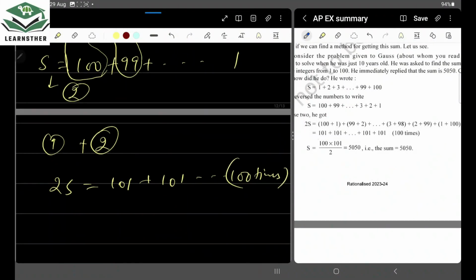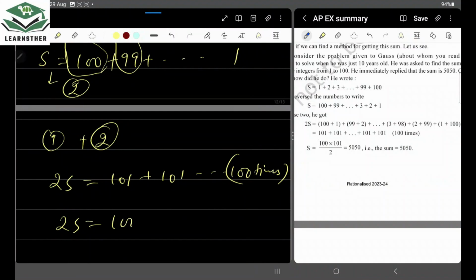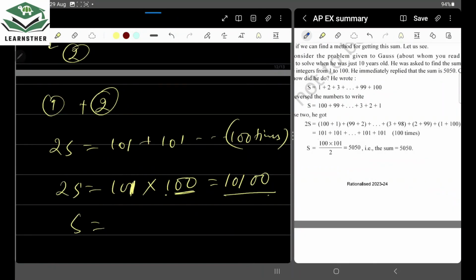So 2S is equal to 101 into 100. Then 101 into 100 gives 10,100. So S will become 101 into 50, when you divide by 2. This is the answer.